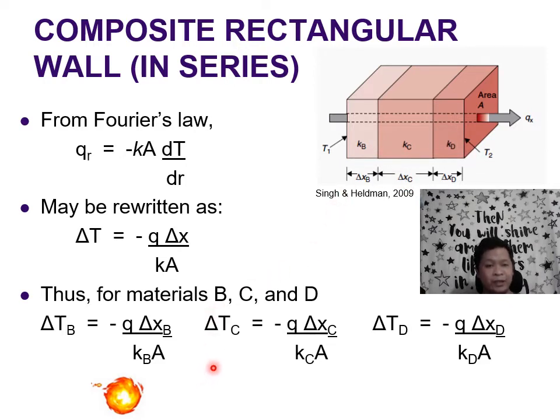Okay? And of course, you would be using the thermal conductivity value for each set, no? Then at the same time, we of course usually assume that the area is constant kasi rectangular slabs naman yan, no? So that's the same area here, here, and here.